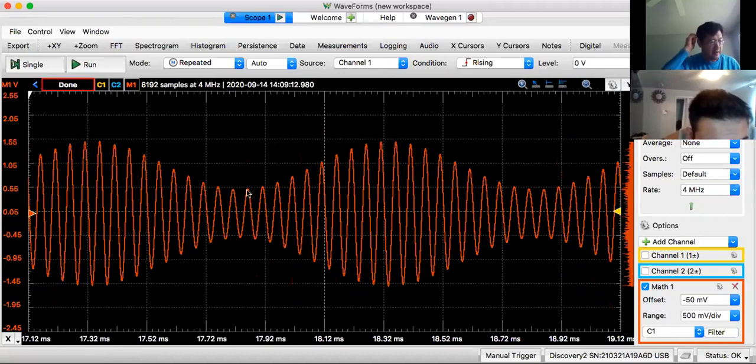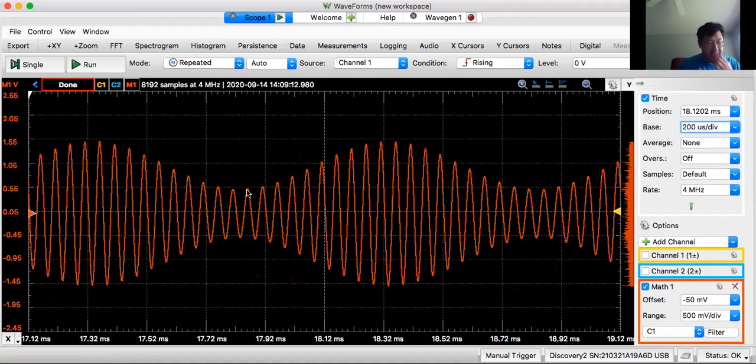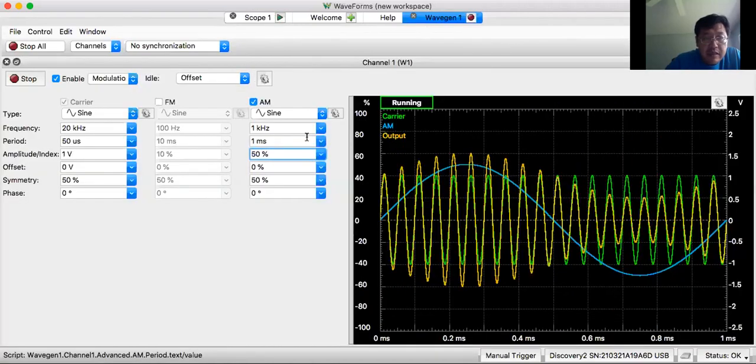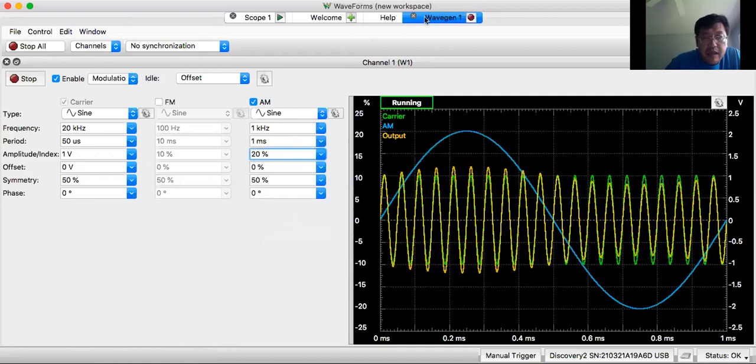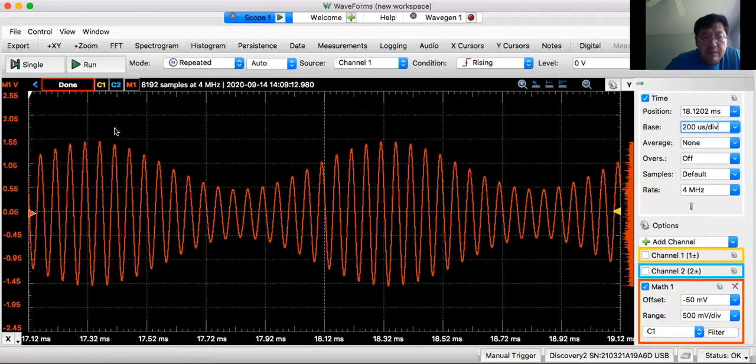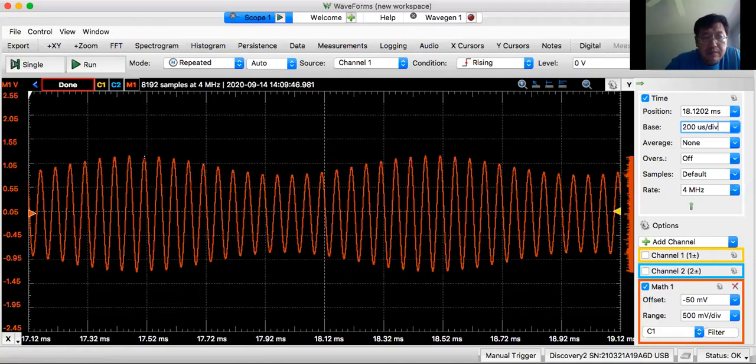The second subject is the modulation index. If you go back to our signal generator, right now we can change it to, for example, 20% modulation index. And let's look at what it looks like for 20%. So that's 20% modulation index.